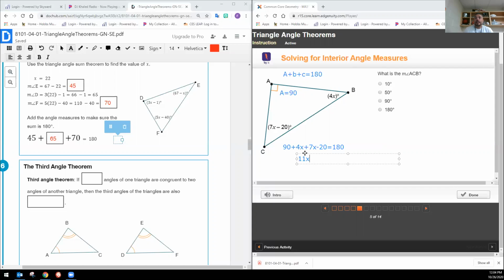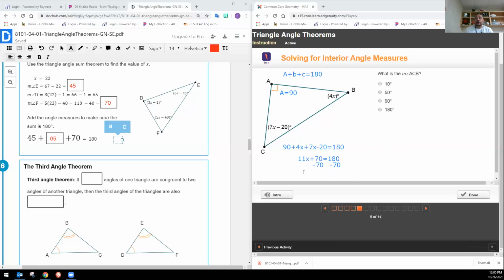90 minus 20 is 70, so this is plus 70, equal to 180. Now I have to subtract 70 from both sides.